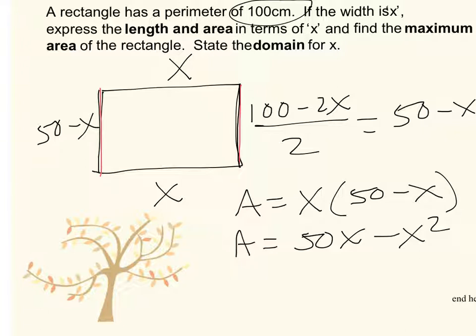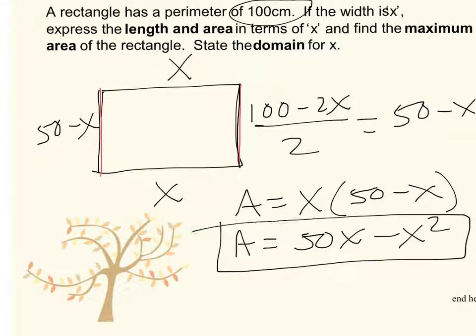Okay, I've got this quadratic where I can just plug in, not any value. This kind of gets back to the domain. Given that I have 100 centimeters to work with, I'd have no business looking at x values that are outside 0 and 100.